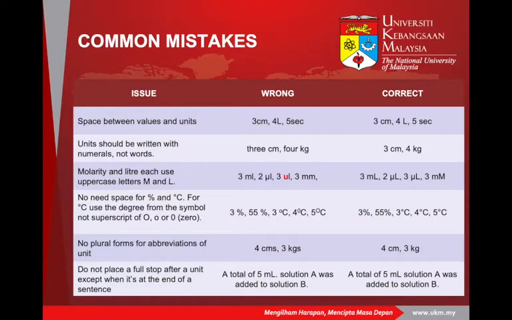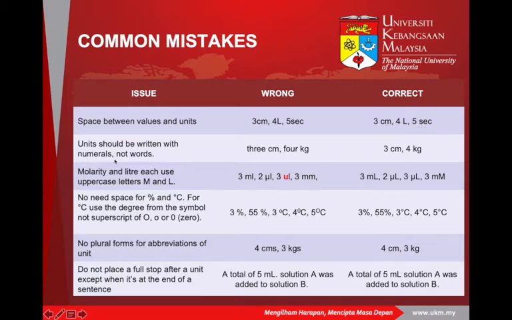Now, when you make figures and tables, of course, you can't avoid writing down your measured values with the units. These are the common mistakes done by students whenever they mention their measured values with the units. There should always be spaces between the values and units, like this: 3 space centimeter, 4 space liter, and 5 space second.